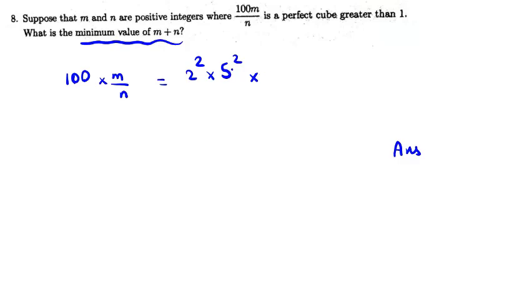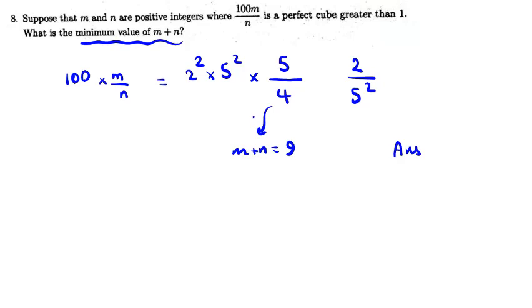If we want to reach a cube, you can divide also. You can get rid of one of them. For example, get rid of the 4, then multiply by 5. Or we can multiply by 2 and divide by 5 squared. So in this case, m plus n is 9.